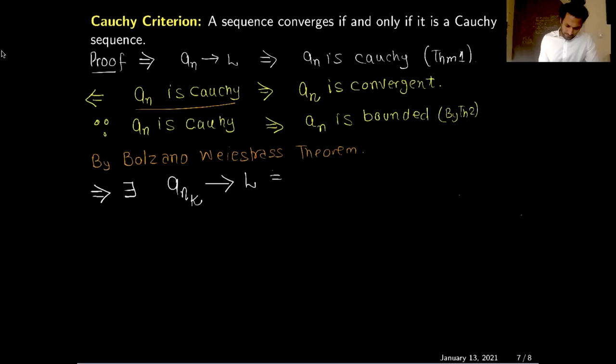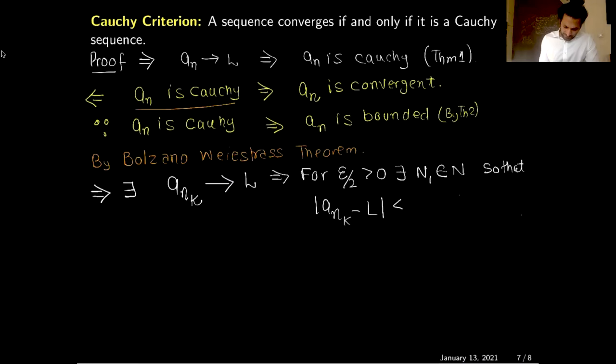What does it mean to be a convergent sequence? It means for all epsilon, this time I'm going to take epsilon/2 positive, there exists n1, which is a natural number, so that the difference |a_{n_k} - L| is less than epsilon/2 when k is bigger than or equal to n1.